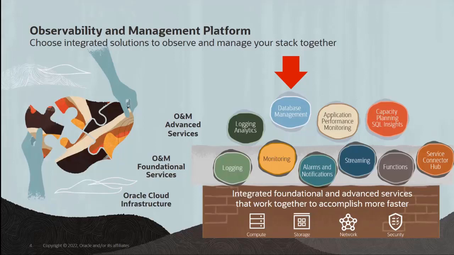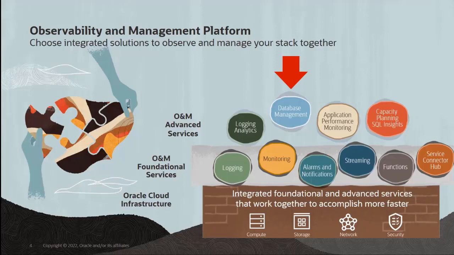Starting on the left, you have logging analytics. Today, we're going to be talking about database management, application performance monitoring, and then we have automation for things like capacity planning, and automation for things like getting SQL insights for your database. So the key functionality here and the beauty of this platform are all of these services are integrated together.